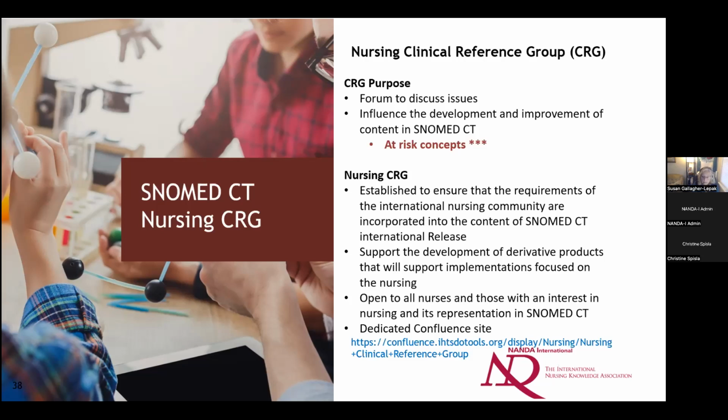We did have to fight quite a bit for this, but the nurses were heard, and they are extending the concept model to keep those at-risk terms in the clinical findings hierarchy. So yay, nursing. We stood our ground, and we helped save a lot of the clinical documentation that is so valuable to nursing.